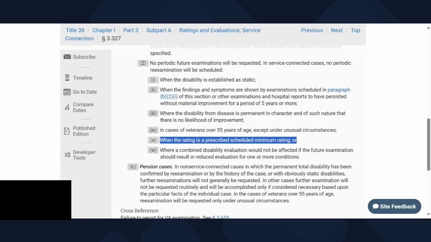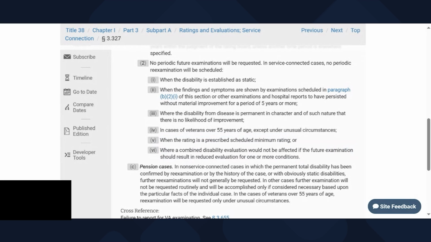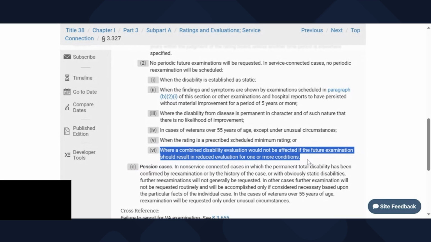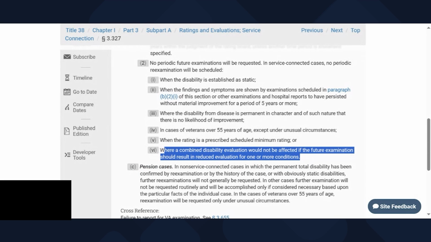And second to last is when the rating is a prescribed scheduled minimum rating. So like a 0%, or tinnitus is rated at 10%, it doesn't get lower than 10%. Okay, so whatever that minimum rating is. And then lastly here, and this part's critical too, is if you were to get a re-examination and that condition would go to the lowest rating, right? If the re-examination does not affect your overall rating, so bring you from 90 to 80 or 100 to 90, right?